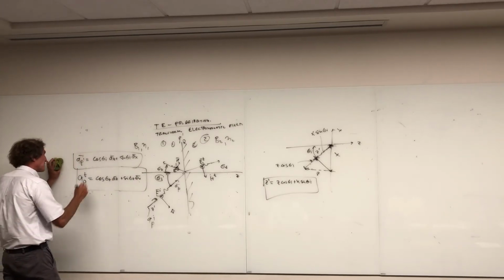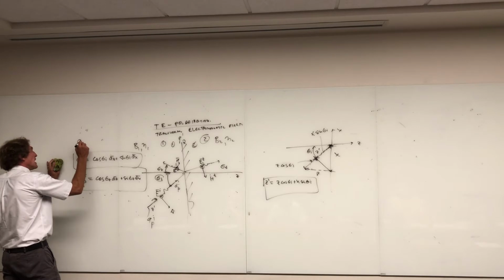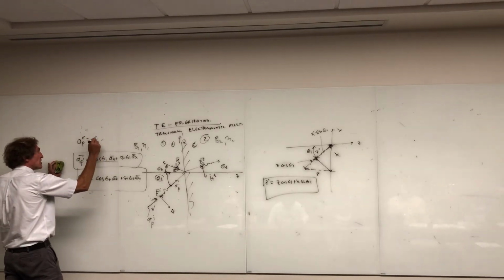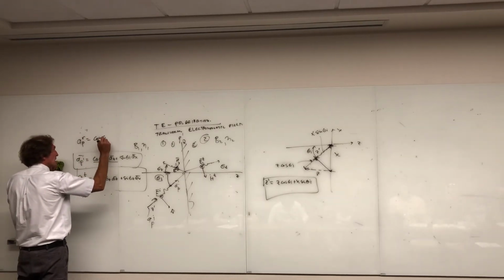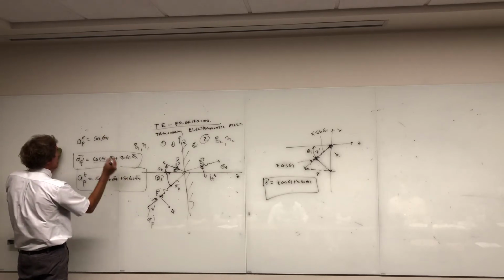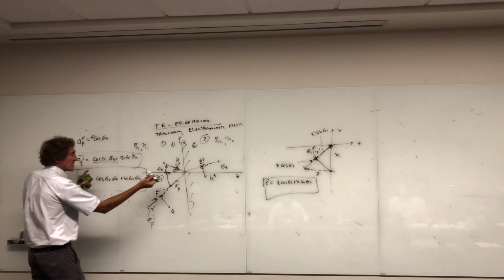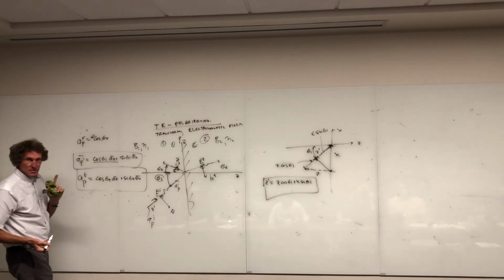And then for the reflected field, I'm going to call it AP reflected. Well, that's going to have this same form, cosine of theta reflected, but it'll have a minus sign in front of it. And here's the reason. The reflected wave is in the minus AZ direction. Do you follow me?